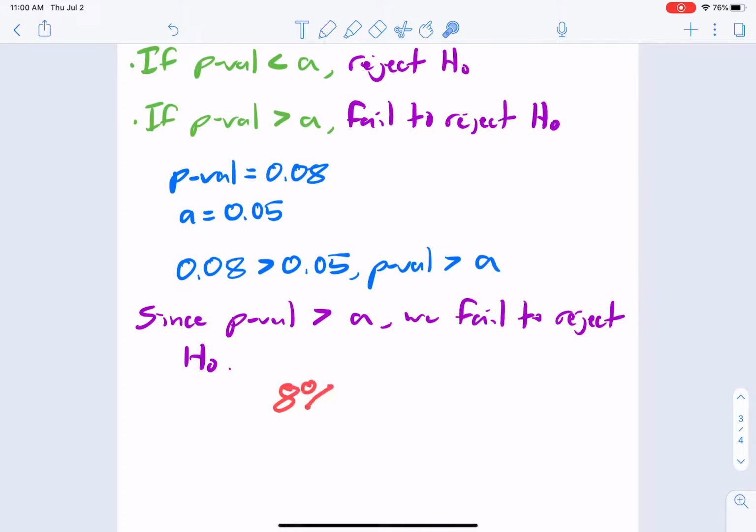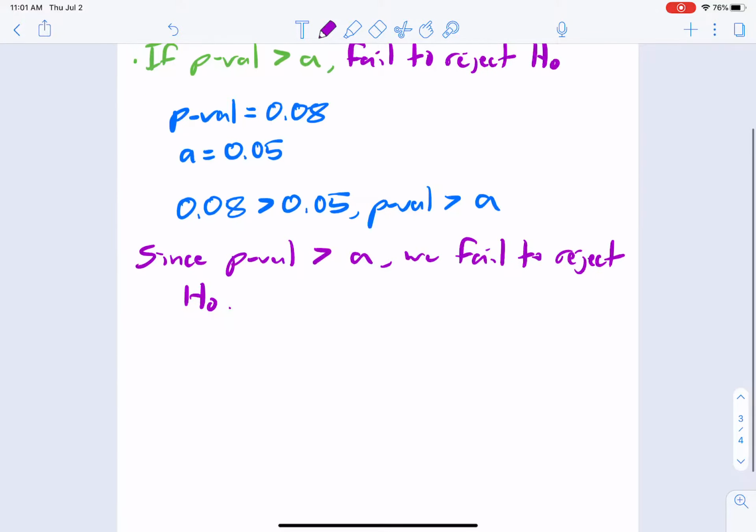Which is too high for us based on this criteria. We're fine with a 5% chance and lower, but since 8 is higher than 5, we don't have enough evidence against the null hypothesis.